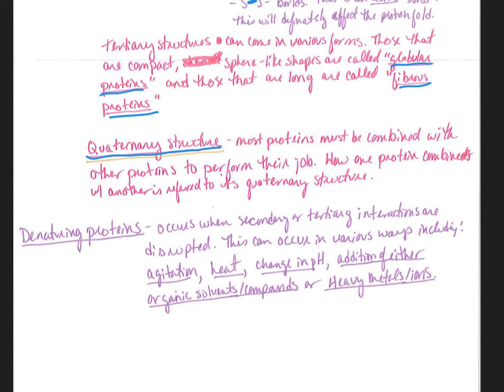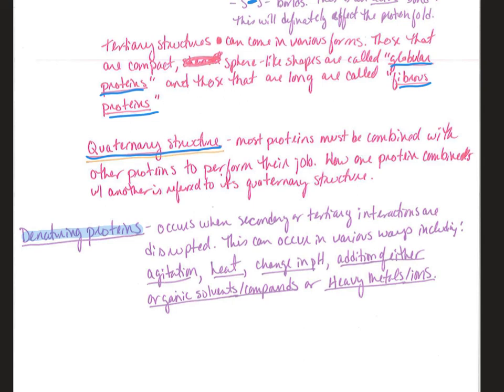Now, just like with building proteins, we can take them apart. And that's what we refer to as denaturing proteins. There are several different ways to denature, or rip a protein structure apart. And these involve breaking the hydrogen bonds, breaking the salt bridges, breaking all of the things that I just mentioned here about what's required to put together proteins.